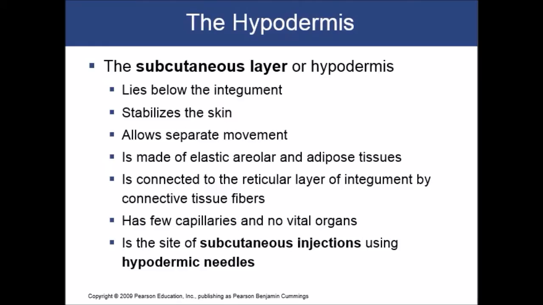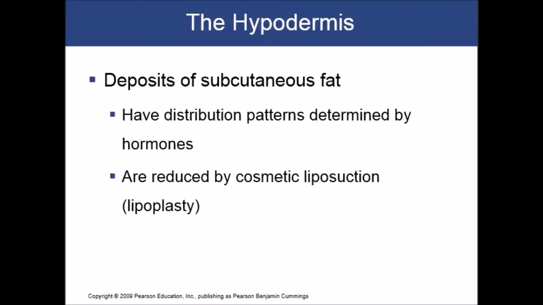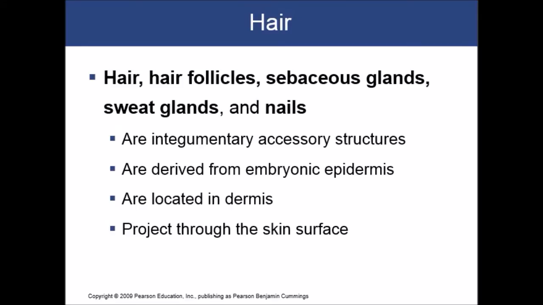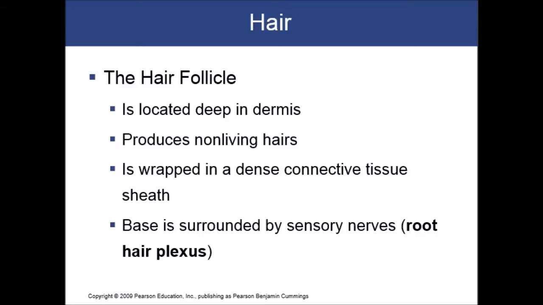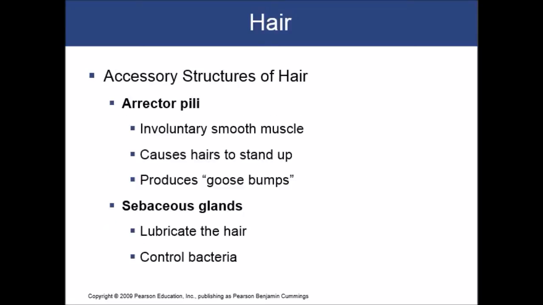About the subcutaneous tissue, I mentioned the most important thing. It's called the hypodermis, and this is the location of 2 things: injections and fat. Okay. Where we don't have hair is also important.